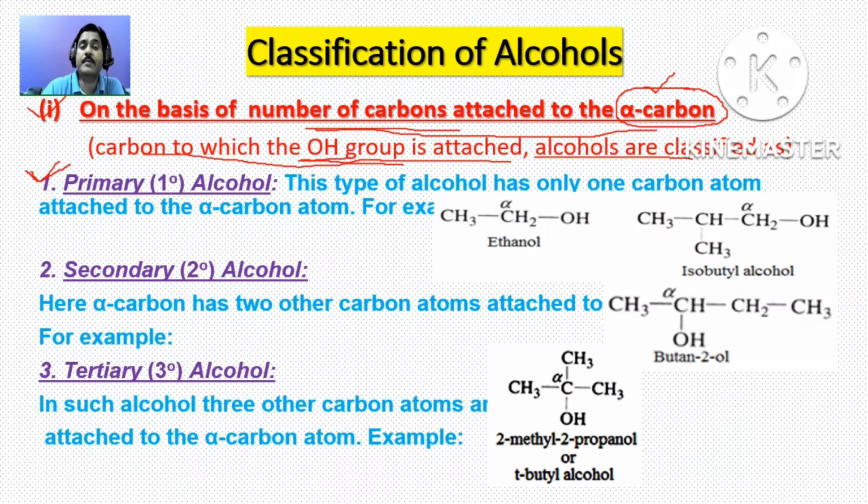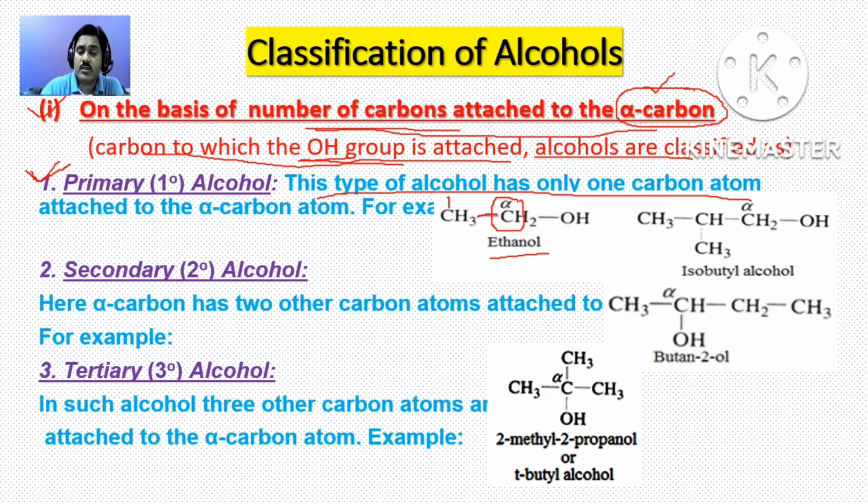Number one, primary alcohol, or first degree alcohol. This is the type of alcohol which has only one carbon atom attached to the alpha carbon atom, for example, ethanol. In ethanol, that is the alpha carbon atom and it is combined with only one carbon atom.